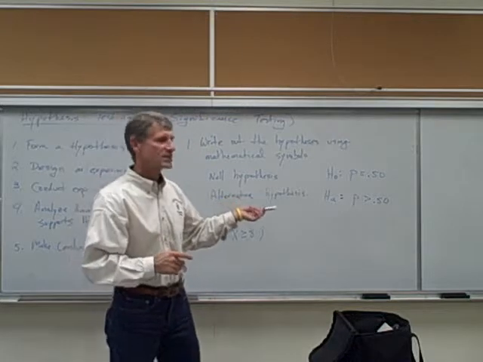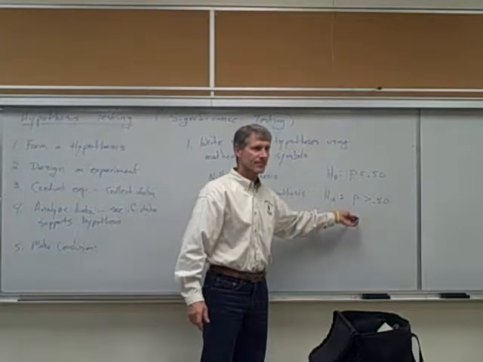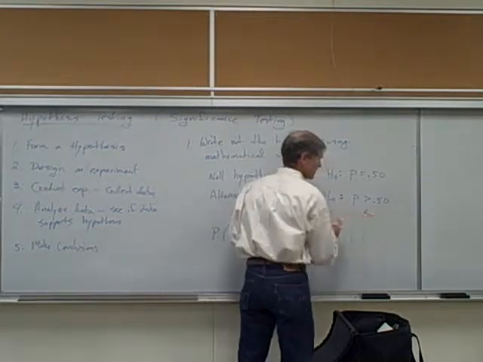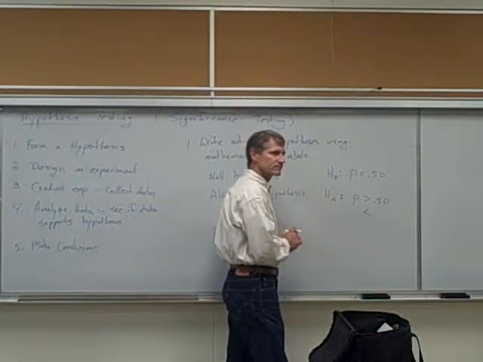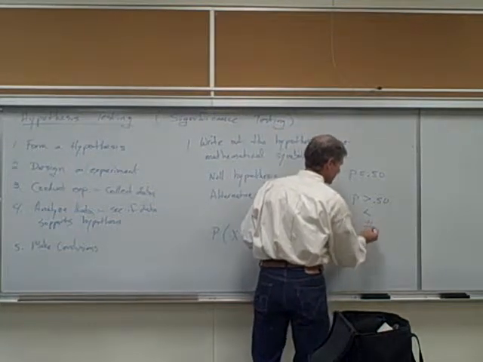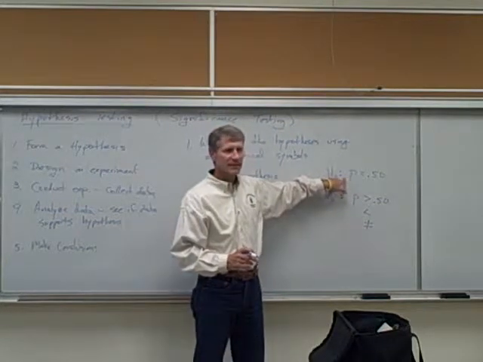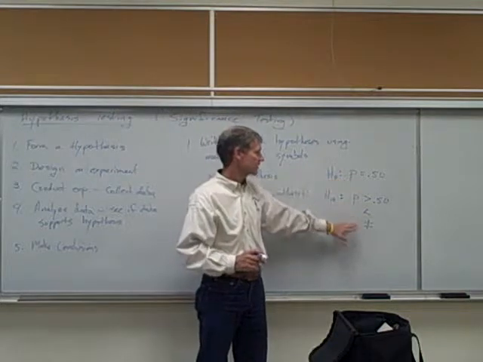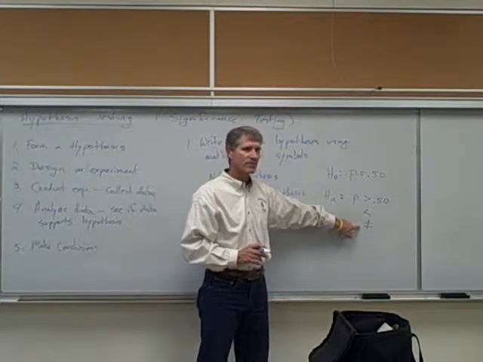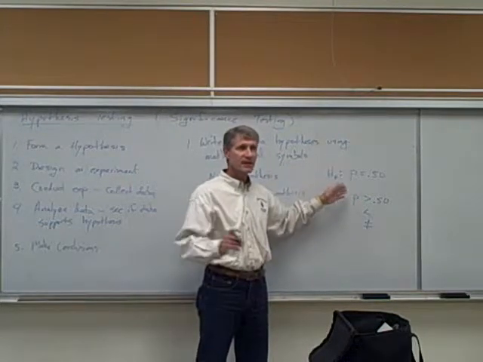Now that is known as a one-tailed hypothesis test. Now I'll explain what I mean by that in a second. The other ways it can be written is with a less than symbol. That wouldn't apply to this scenario, but or you could have a not equal symbol. All of these are considered the opposite of being equal to 0.5. Technically, the only one that truly is the complementary event is the not equal. But oftentimes we're not interested in the other side of the null, like in this case.